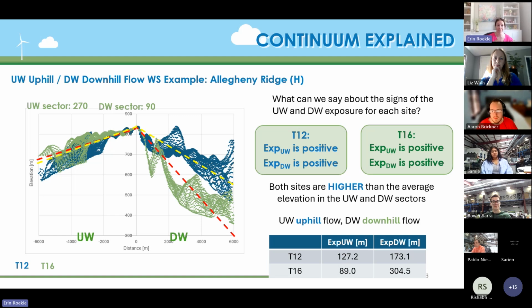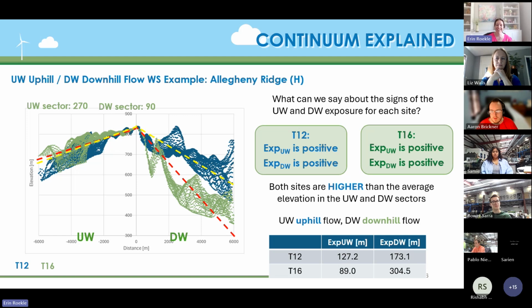You can see it's higher up than all the rest of the dots. So in the downwind sector, our exposure is also positive, because again our reference point is our site of interest when determining the sign of the exposure. Looking at T16, it's at about the same elevation as T12, and we're looking at the green dots now.